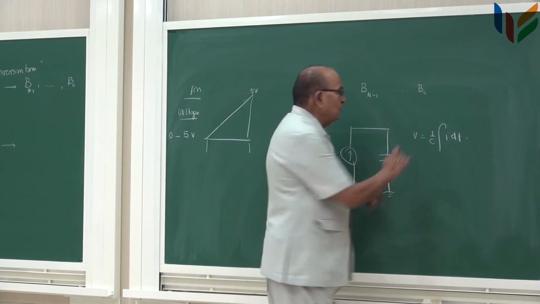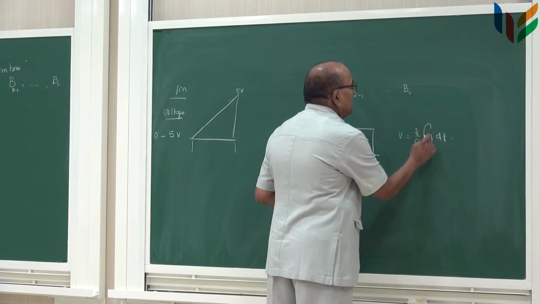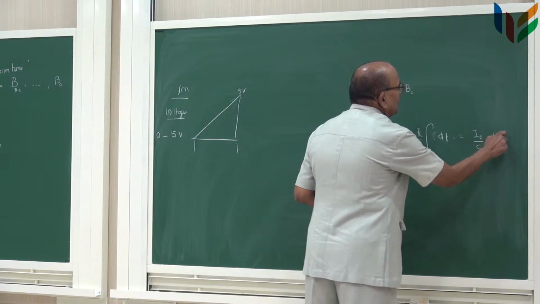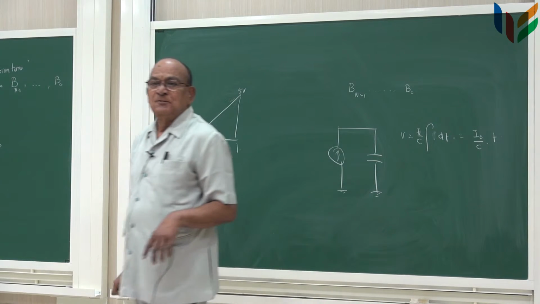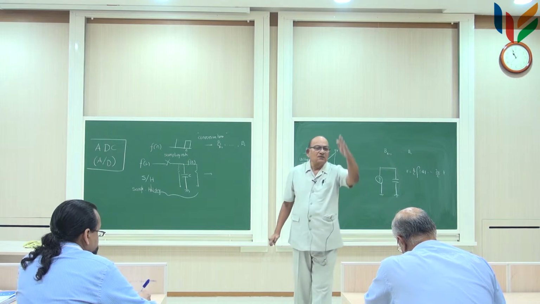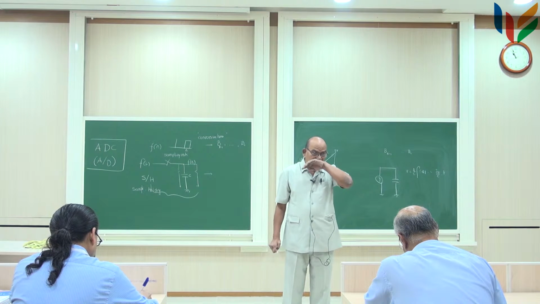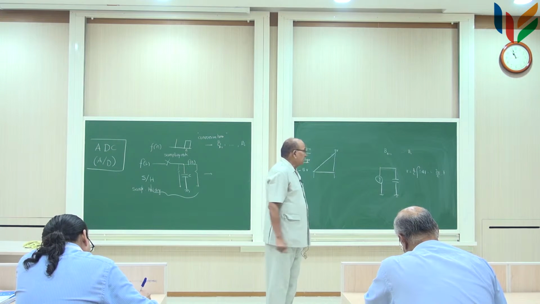So, if we pull this out, this becomes I0 by C integral dt, which is nothing but I0 by C into T. So, I got a linear variation of this voltage with respect to time as I want.